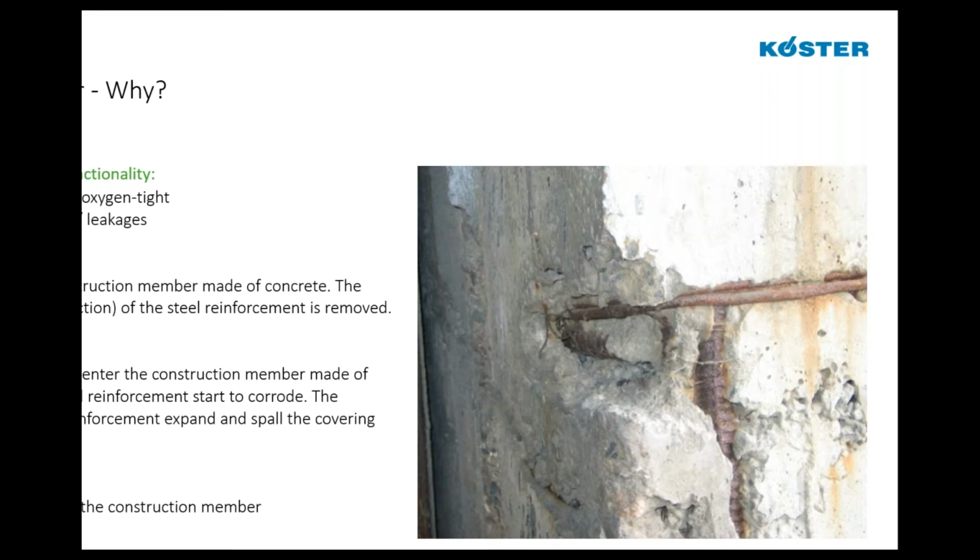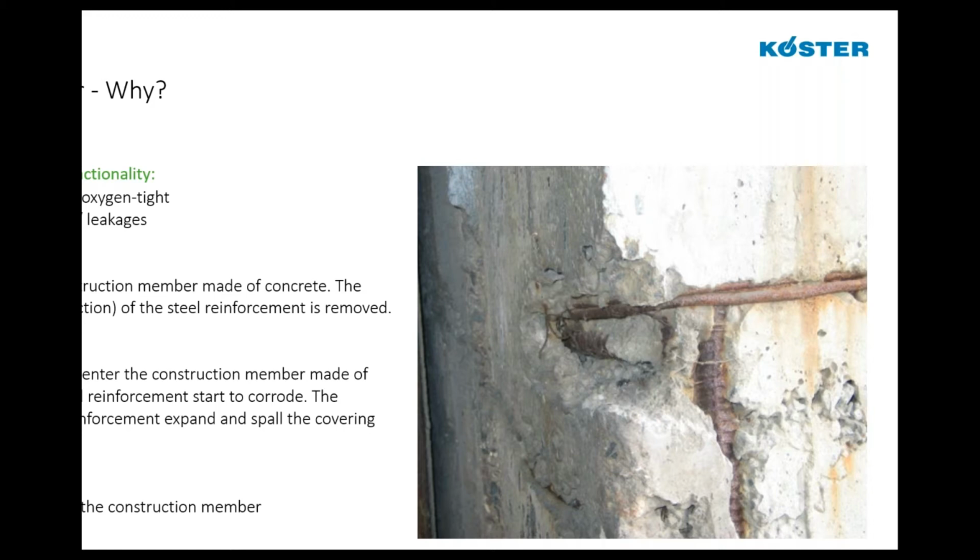Because of that exposure to the carbonation and the CO2, the passivation, which is provided by the high pH solution in the concrete that prevents the reinforcement from being corroded, is nullified or canceled out by that CO2, and that steel can be corroded.